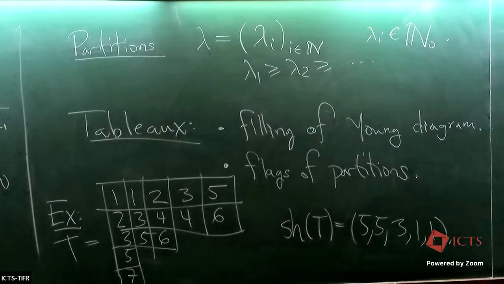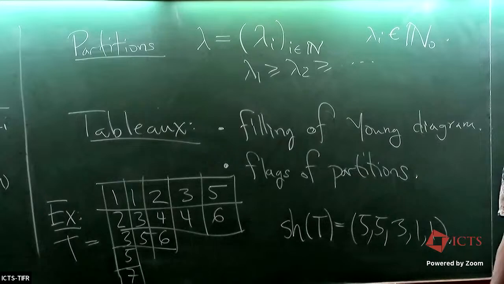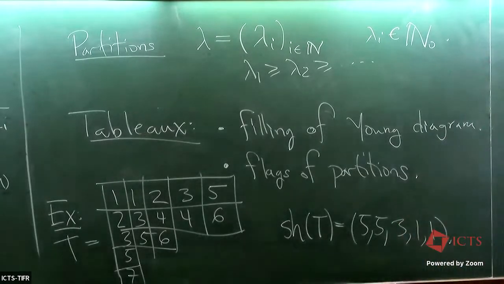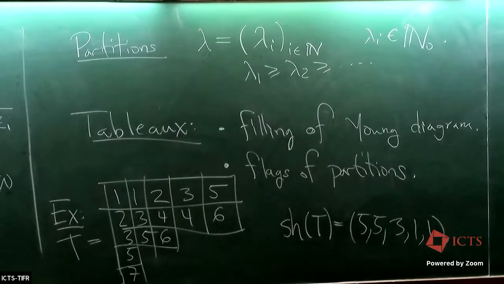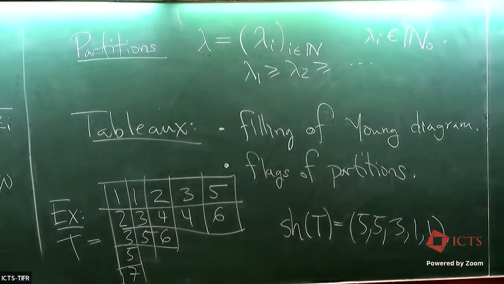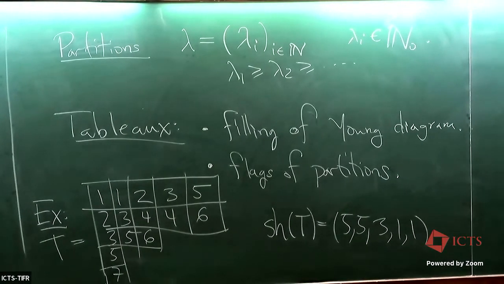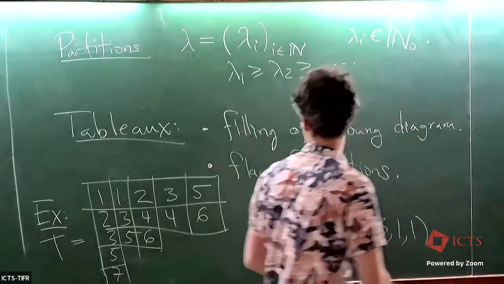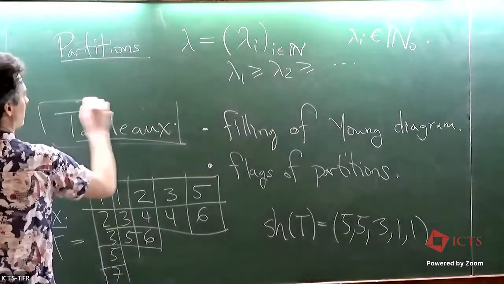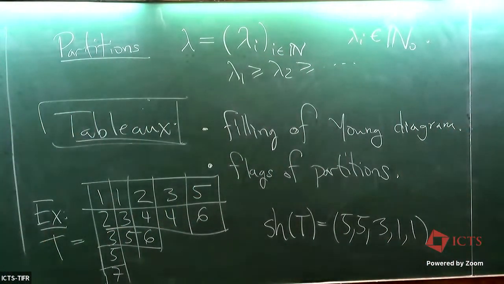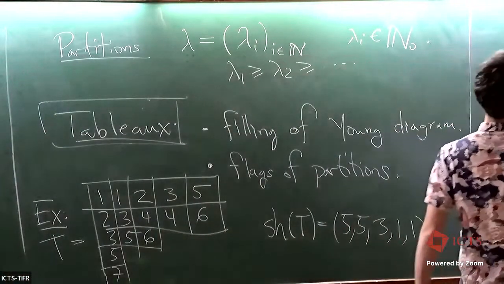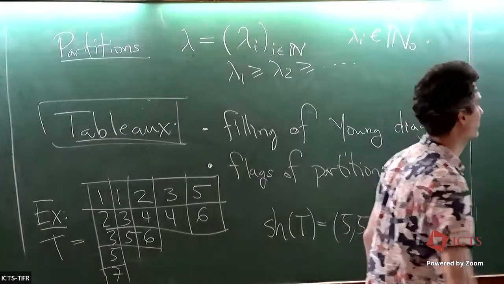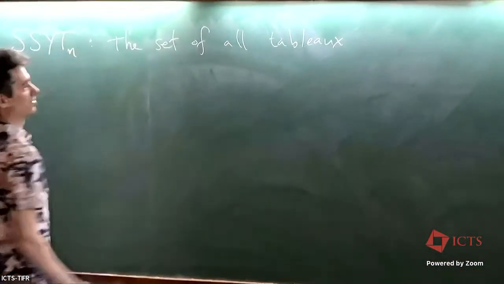Okay, I want to define SSYT_n. This is the set of all Tableaux. And I should mention, I'm using the word Tableau, but many other people will call these semi-standard Young Tableaux. That's where this SSYT is coming from. But I don't want to use that many words, so I'm just going to call them Tableaux.